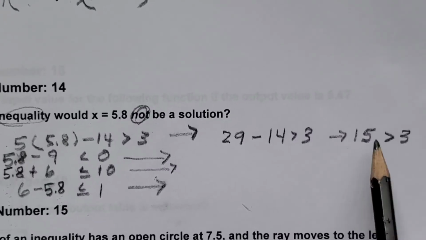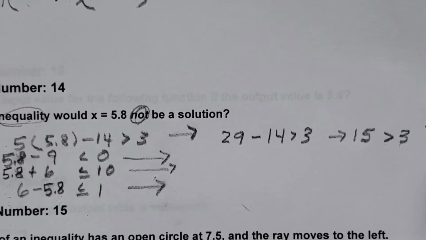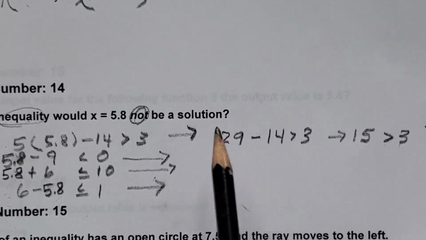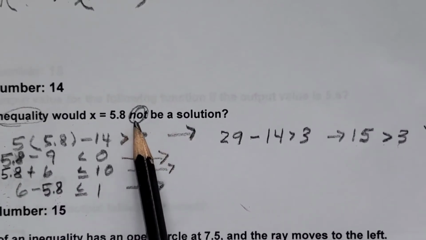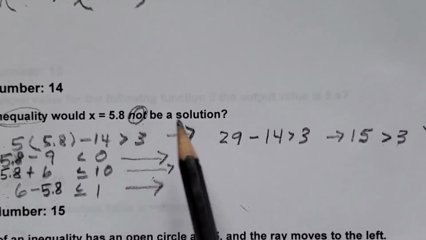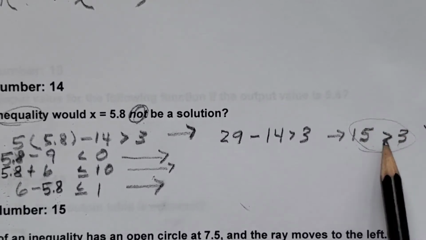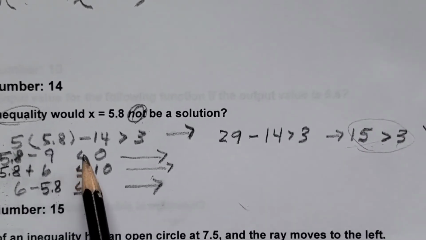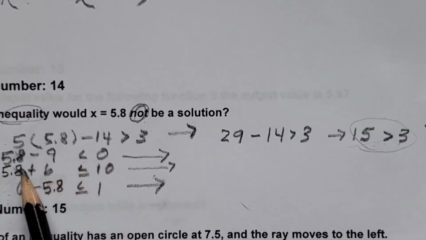So is 15 greater than 3? Yes. So we have a positive outcome, and we are looking for a negative one because they're looking for a not. We're looking for where this answer is going to say, no, that's not true. All right. 5.8 minus 9 is less than 0. So let's see.